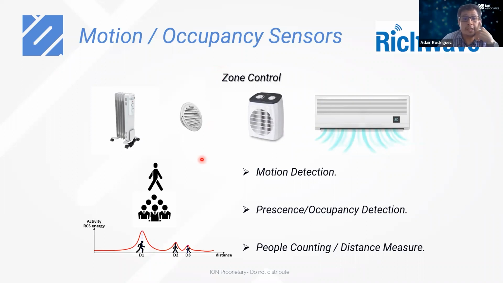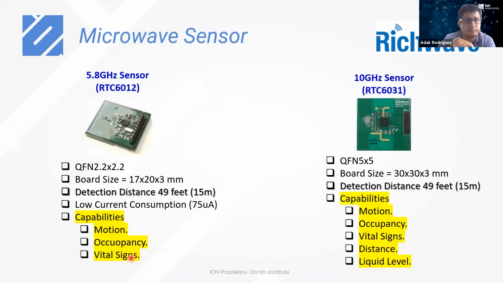Or we can even implement more information in these sensors, for example people counting or measuring the distance of people within the room, as I mentioned, to increase or reduce the heat in these locations.